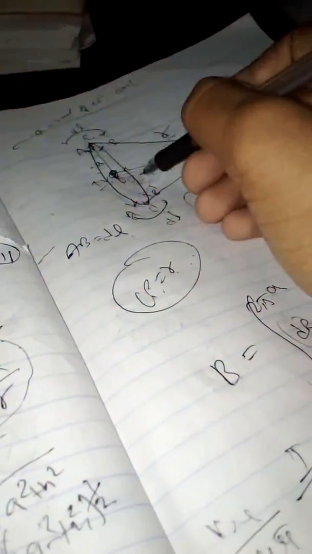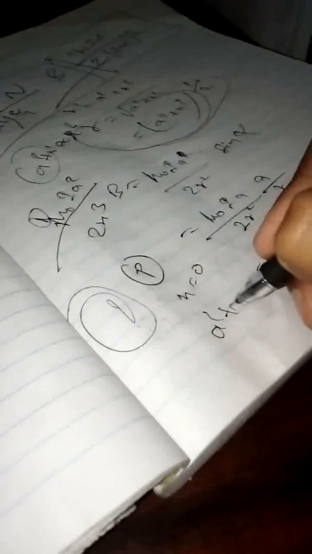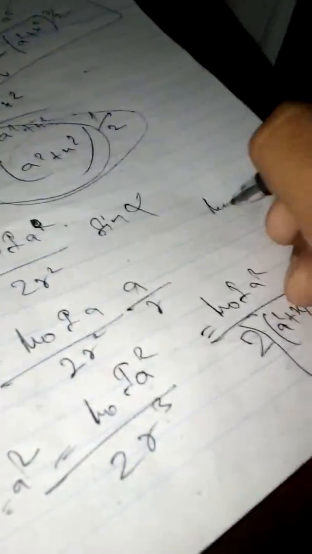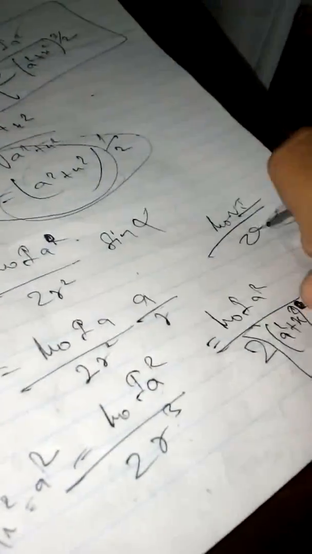Now see, if it would lie at the center, then obviously the distance x would be 0. So a square plus x square will be a square. Now put the value there and you will get the same expression. The expression will be mu naught N I by 2a, and this is the same expression which we got in the first application.